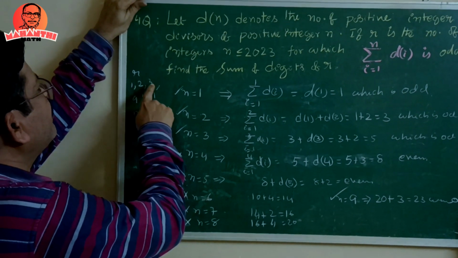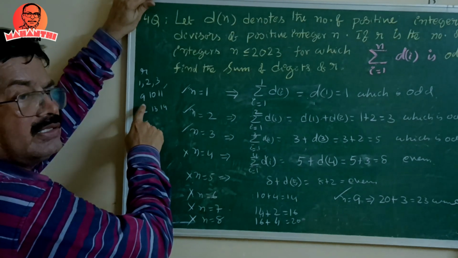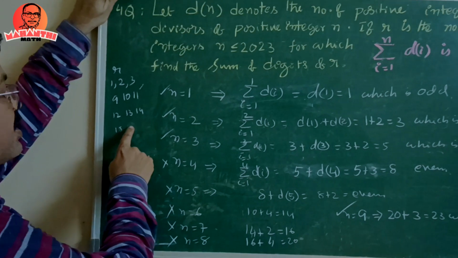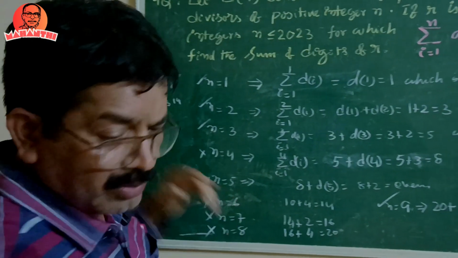Now, if we observe this pattern, these 1, 2, 3 we can count. From 4 to 8 we are not counting. 9 to 15 we will count. 16 to 25 we don't count. Like that, the pattern we can develop.